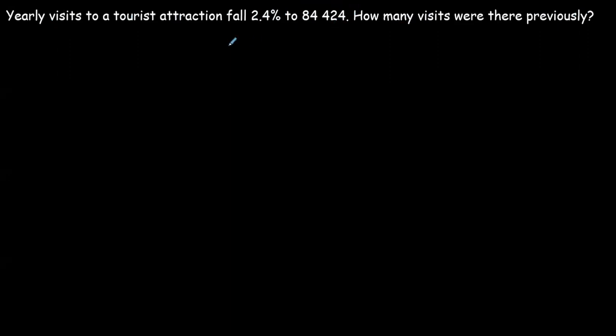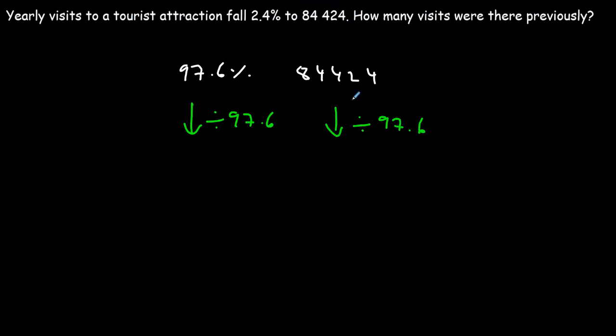So that would be 97.6%. So 1% is 865. And then 100% would just be 86,500.